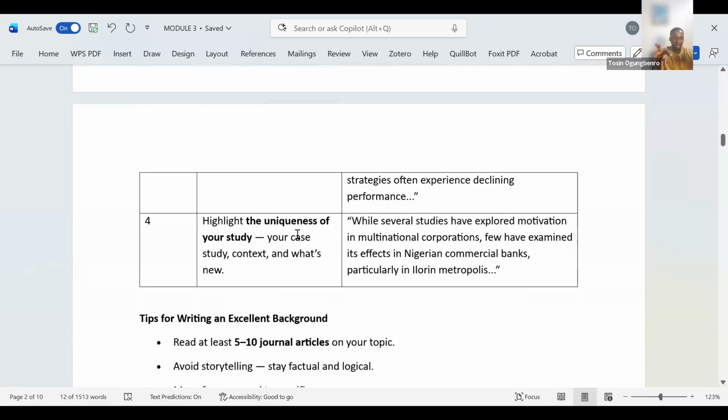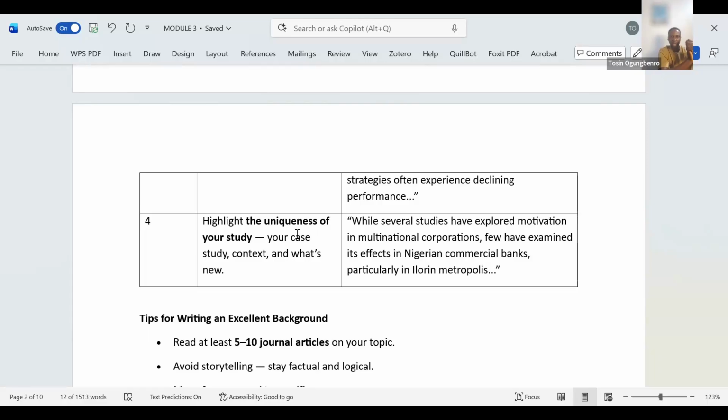Another paragraph will highlight the uniqueness of your study, like the significance and overarching aim. Even though you will talk about those things separately in other sections, you try to capture as much as possible because you are not sure they will have time to go through every detail of your work. So you are trying to impress as much as possible in your background to the study, so that they say, okay, this thing is looking interesting.